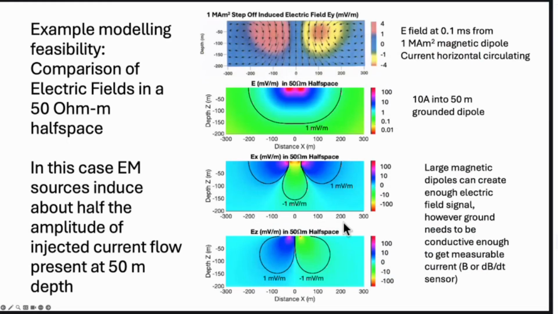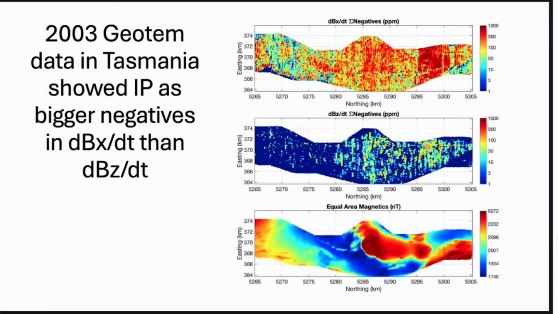So a magnetic source can produce similar currents in the ground to current injection in a 50 ohm-meter host. The more resistive it is, the less.